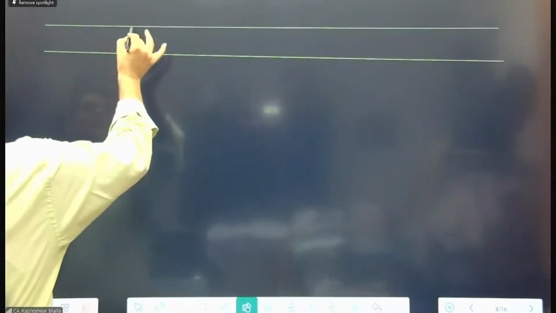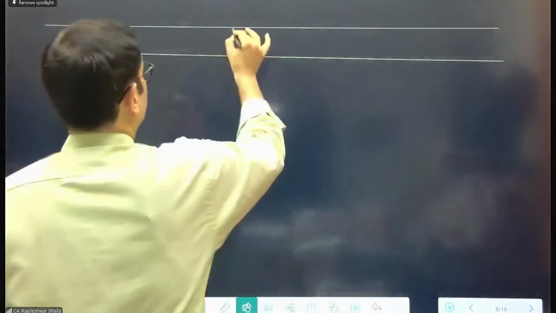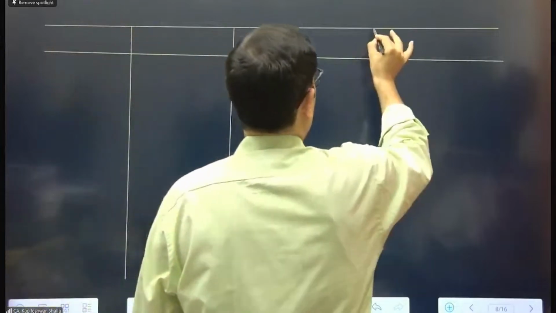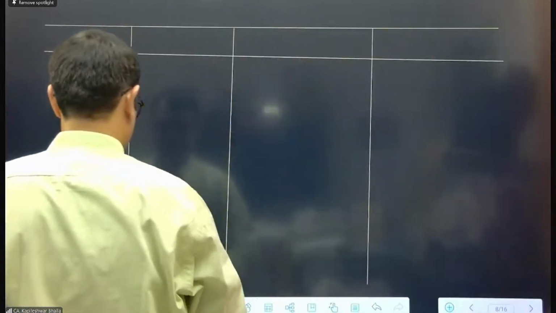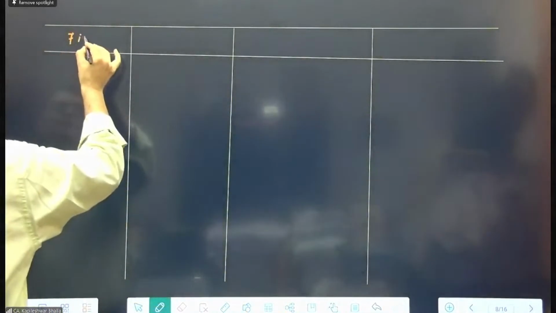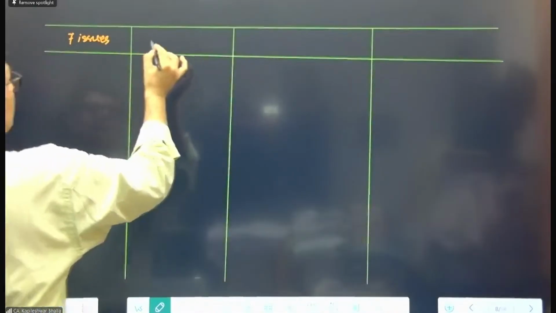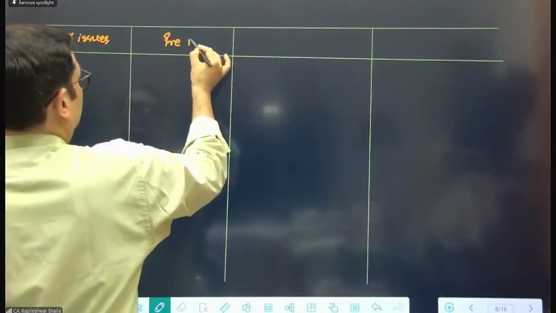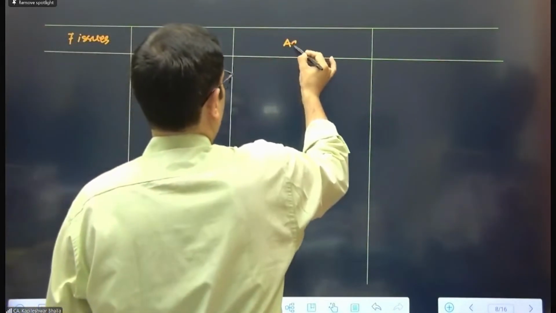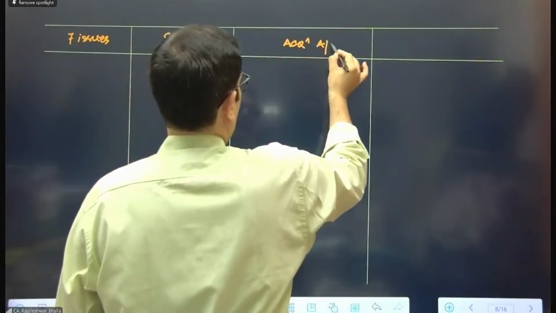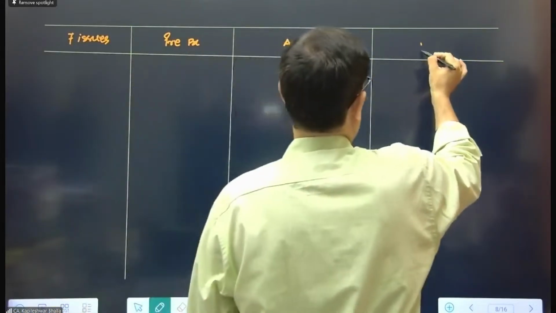Wonderful. So let's now continue with the next two issues as well with the same blocks. I'm looking at the 7 issues: pre-business combination, acquisition date accounting, and post-business combination.